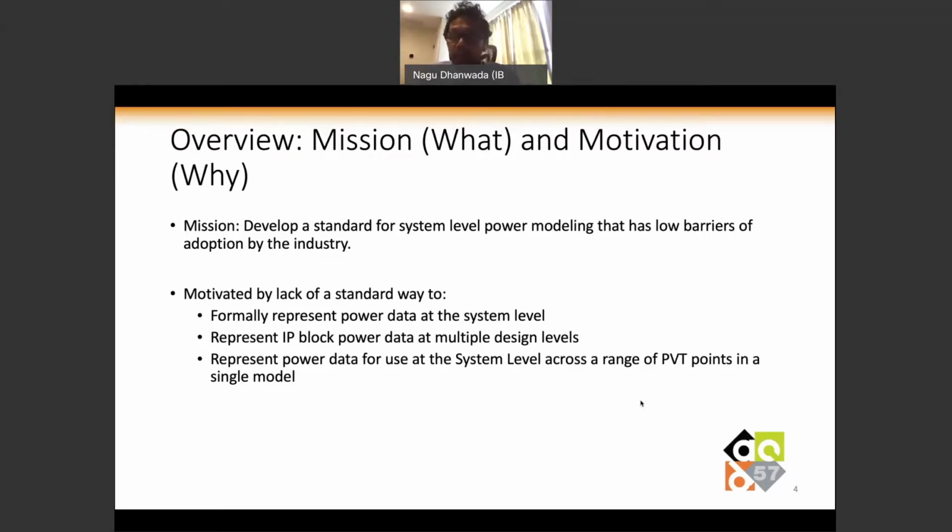And secondly, being able to represent IP block power data at different levels of abstraction. Existing standards, again, like Liberty, do not address these critical aspects. And the other goal was to represent power data at a range of PVT points in a single model, which brings in much needed efficiency along with a fair amount of accuracy into system level power analysis.